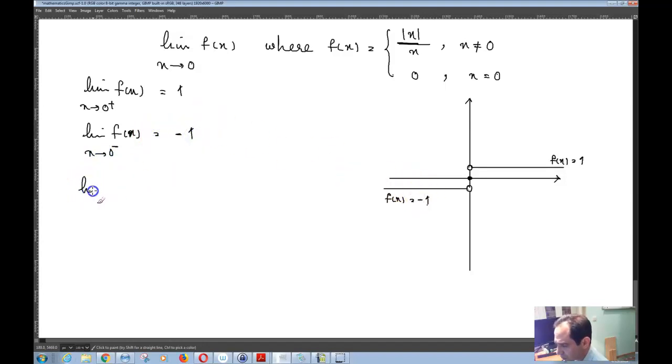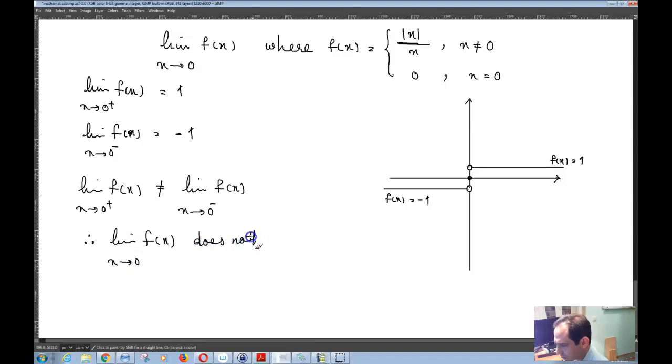And so the limit of f of x when x tends to 0 from the right is not equal to the limit of f of x when x tends to 0 from the left. And therefore, the limit of f of x when x tends to 0 does not exist.